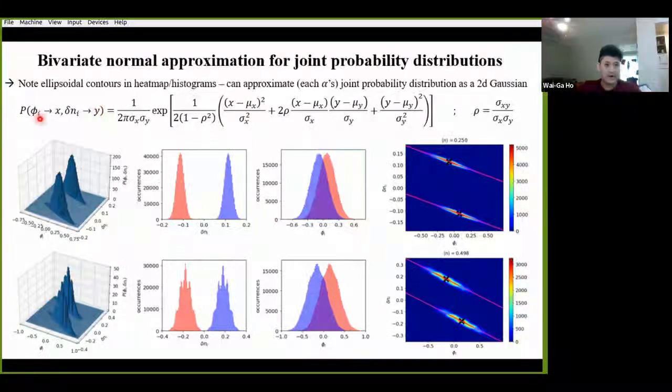Just to be clear, I'm replacing phi and delta n with x and y now, just to reduce some of the notation down. And mu x will correspond to the mean of x, and sigma x squared will correspond to the variance. While inside of this rho, we have both sigma x, sigma y, as well as sigma xy, which is the covariance that we computed as well in the previous slide.